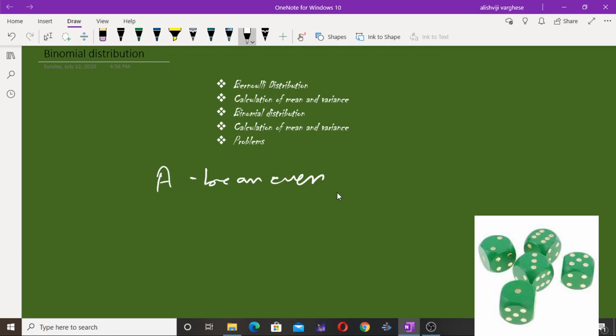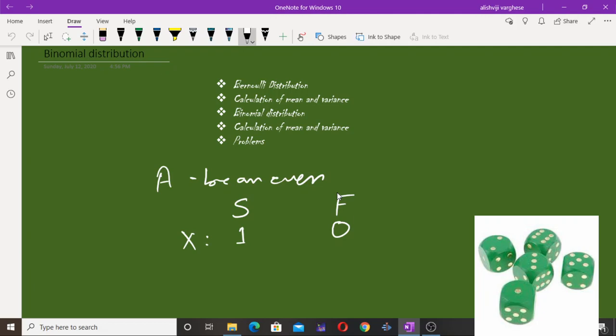If A occurred, we call it a success, and if it has not occurred, then we call it a failure. Or in terms of random variables, let us create a random variable, capital X, which takes a value 1 when we have a success, or in other words, the event A occurred, and 0 when we have a failure or the event A has not occurred.